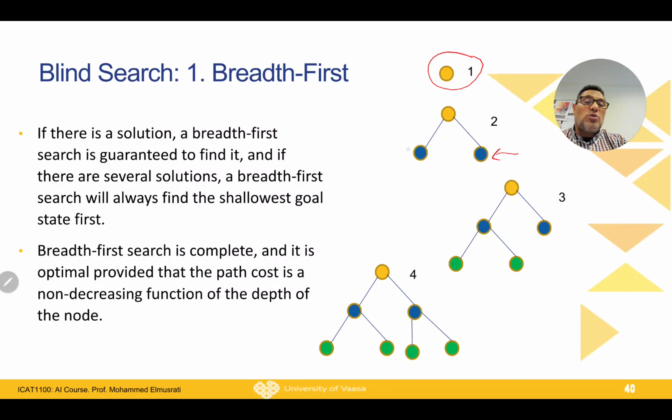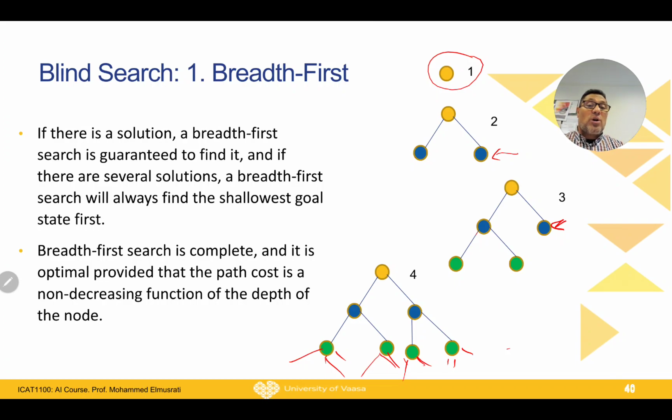Then you select any of those, okay, there is no preference here, and you branch it, but don't go deeper. Go to this state and branch it first. Then you go to this state, branch this state, and so on. So it is called breadth first searching. Breadth first searching is guaranteed to find the optimum solution, and it is complete.